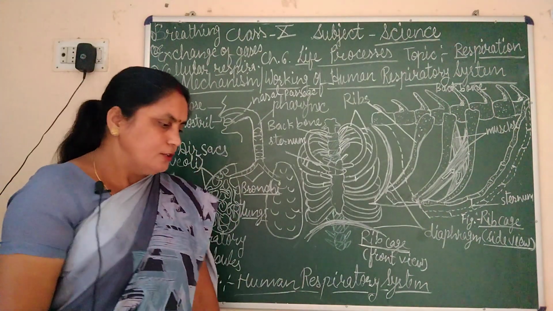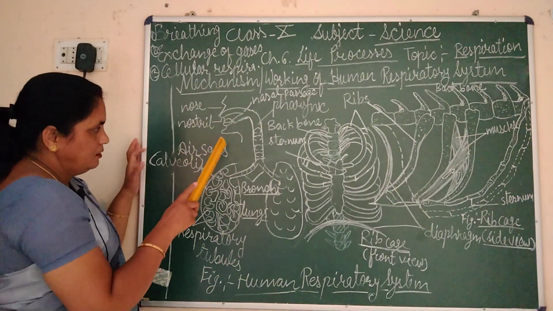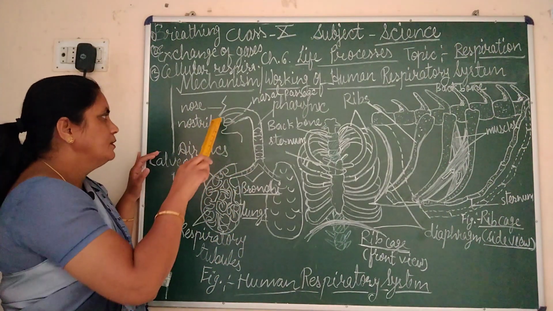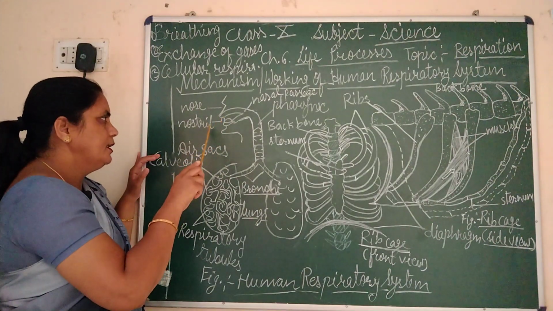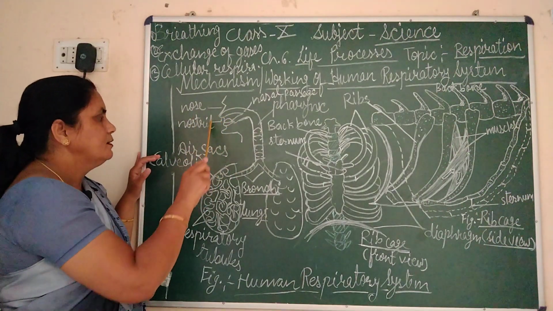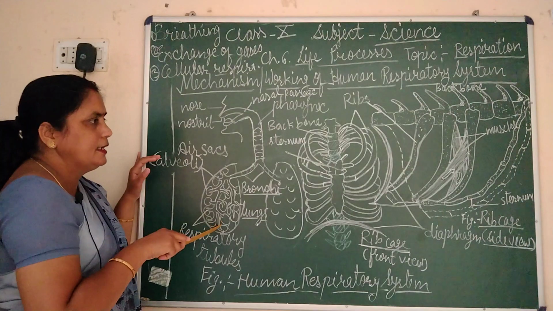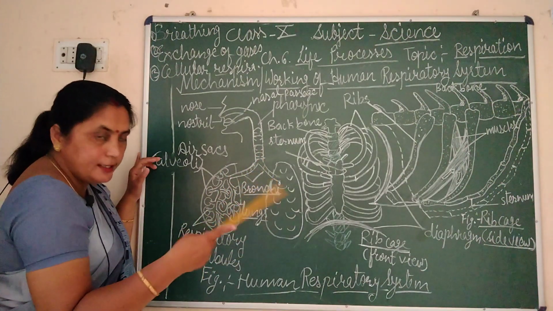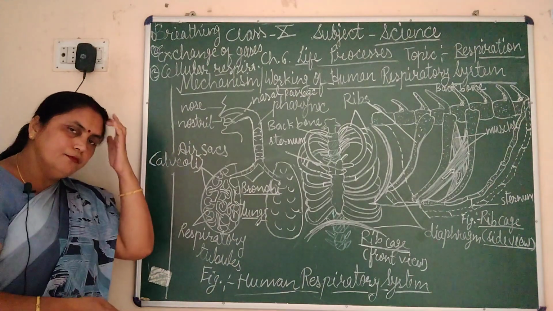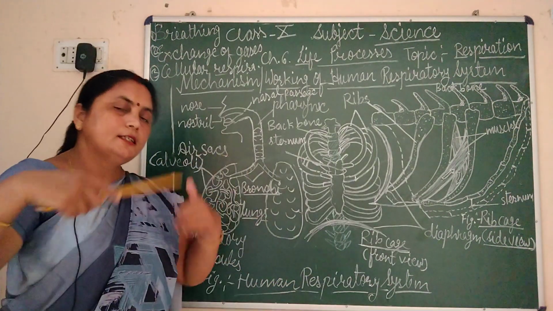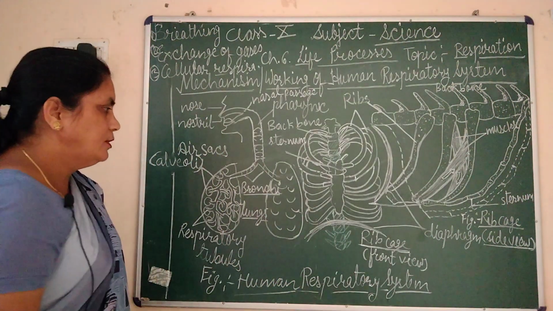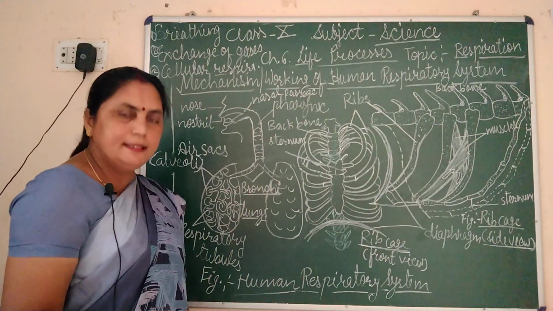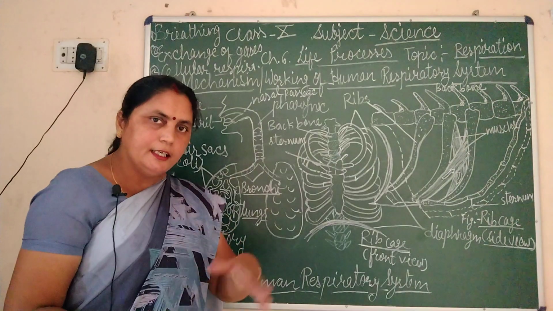So how does this whole process of air rushing from the nose to the air sacs happen? Why does it happen? What are the various movements because of which the air rushes inside our body? So let us understand. I am talking about inspiration, that is taking in air.